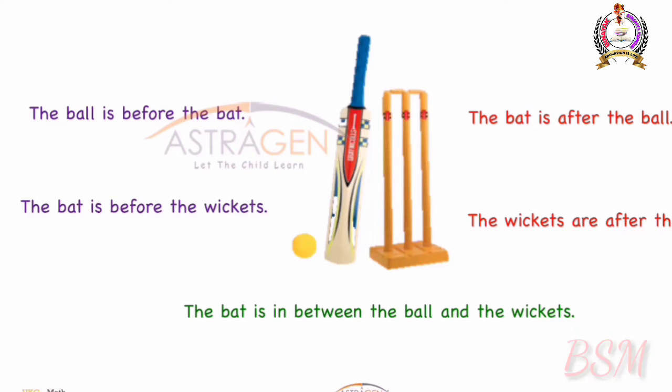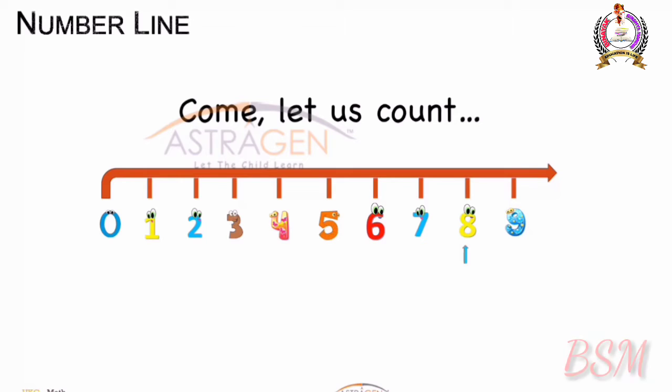You know what a number line is? A number line is a line in which we have the numbers from 0 to 9. 1, 2, 3, 4, 5, 6, 7, 8, 9. So this number line has the numbers from 0 to 9. Did you see, children? The numbers already came and sat on the number line.